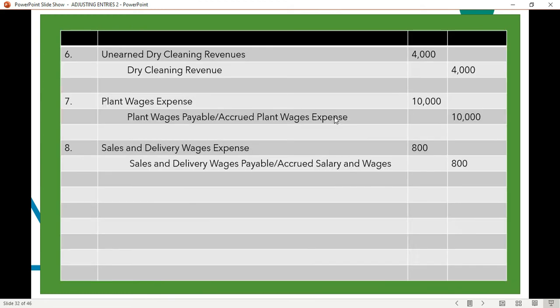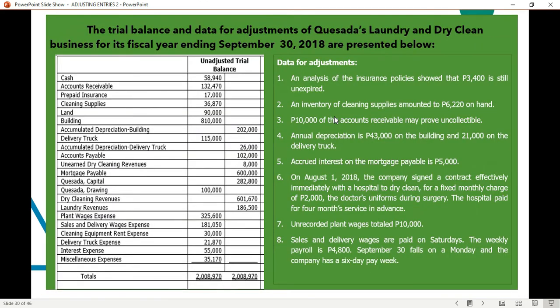Number 8, sales and delivery wages are paid on Saturdays. The weekly payroll is 4,800. Then September 30 falls on Monday, and the company has a 6-day work week. So how will you compute the accrued sales and delivery wages?